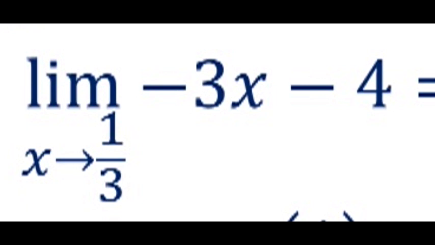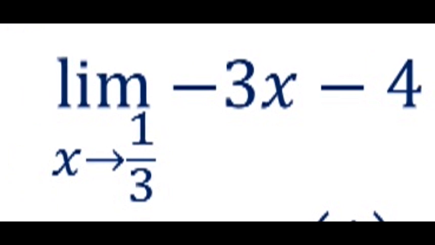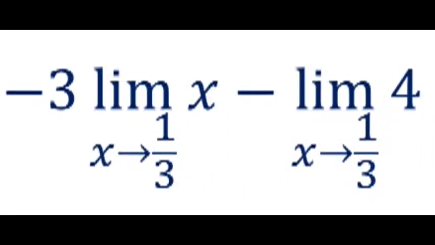Sample number 3. Limit of negative 3x minus 4 as x approaches 1/3. You have to separate and get their individual limits. So our constant, limit of negative 3x as x approaches 1/3, I just put negative 3 outside in front of it, and then the same thing, limit of 4 as x approaches 1/3.